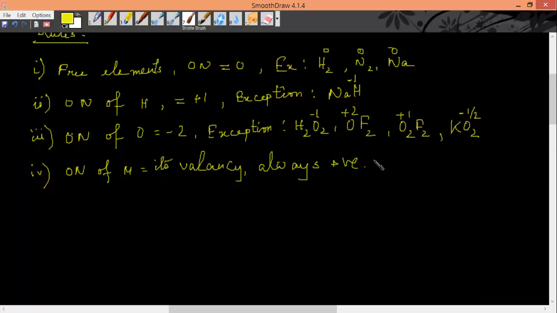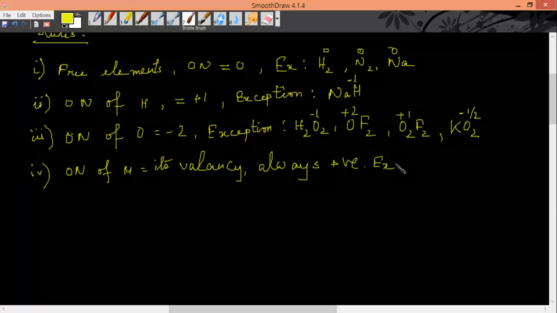But here is also an exception. Germanium hydride. Oxidation number of germanium is minus 4 here.